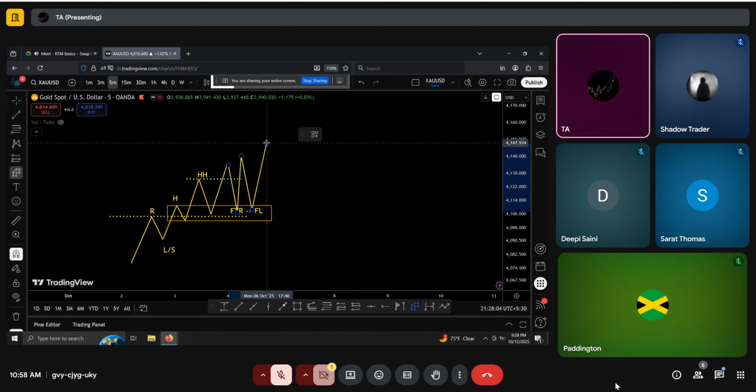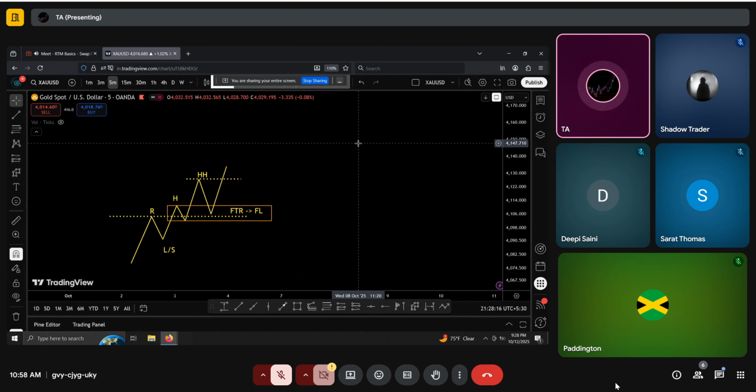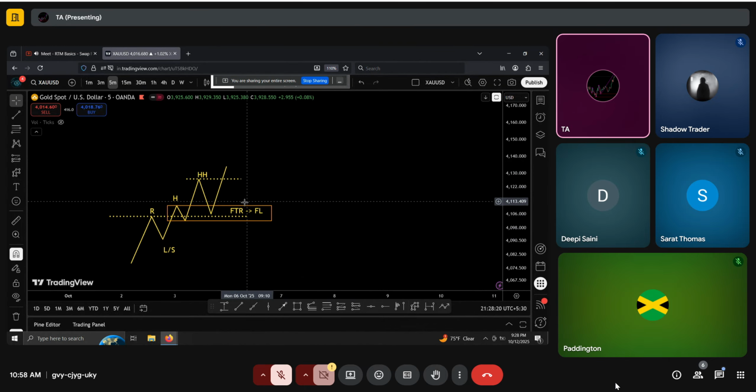That doesn't matter. Until the box is broken to the downside, this is valid, right? So now you have understood how the FTR is formed and how it converts to FL.